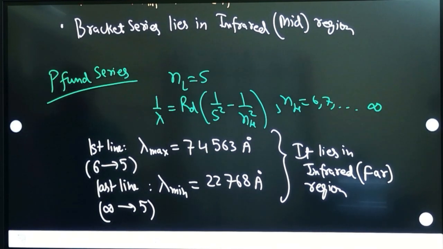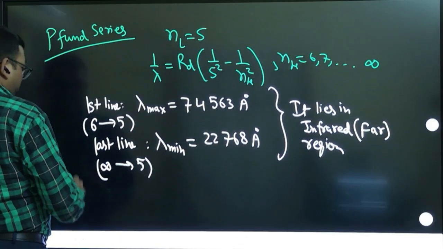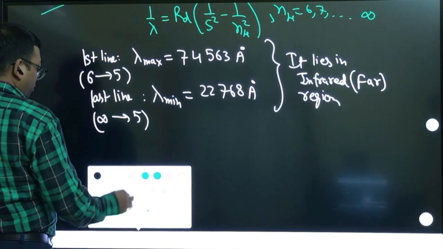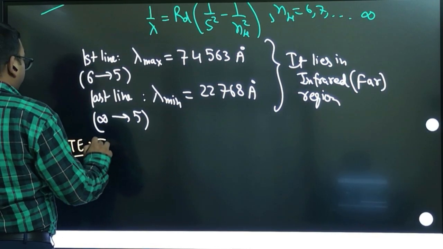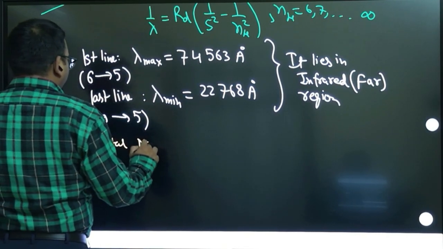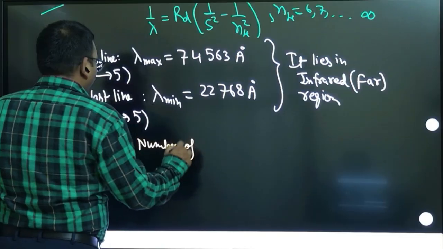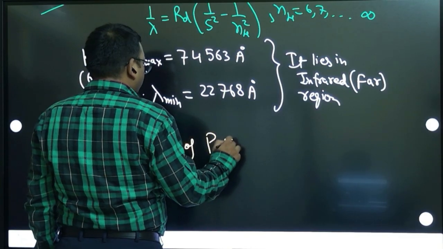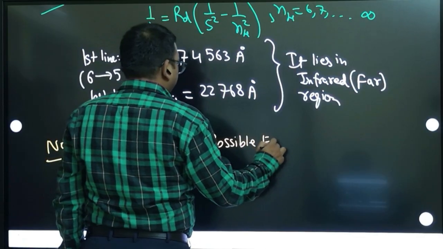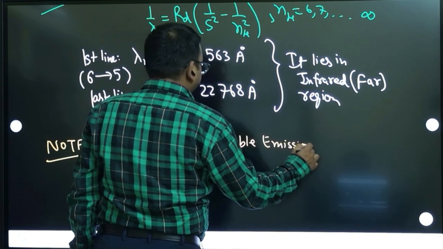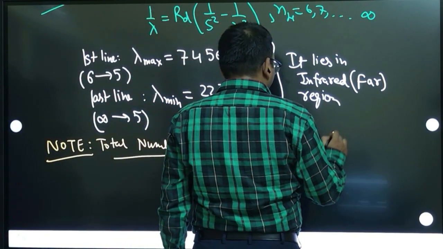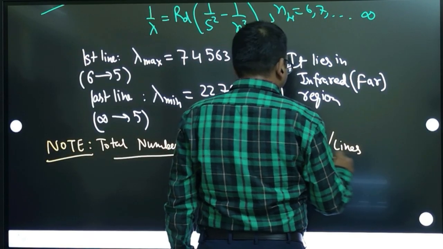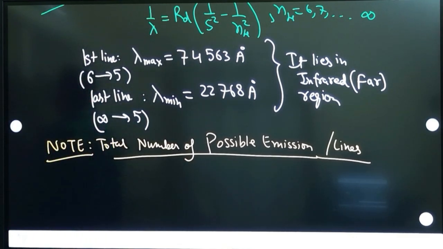Okay, total number of possible emissions, or the total number of spectral lines. Important formula to know.